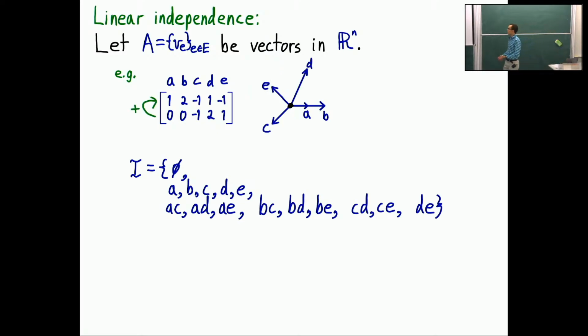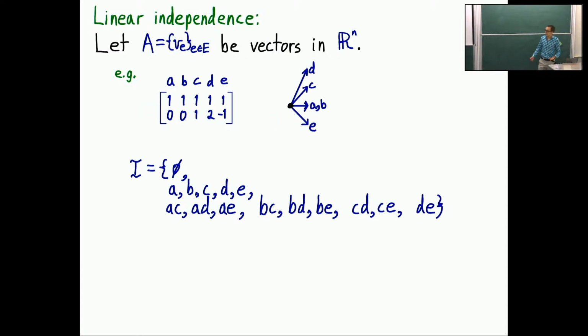If you do row operations, considering the vectors as a matrix, or if you scale the vectors, you will preserve the set of independent subsets. But it does capture a lot of the geometry that we care about. And this is clear if you think of these as projective coordinates.